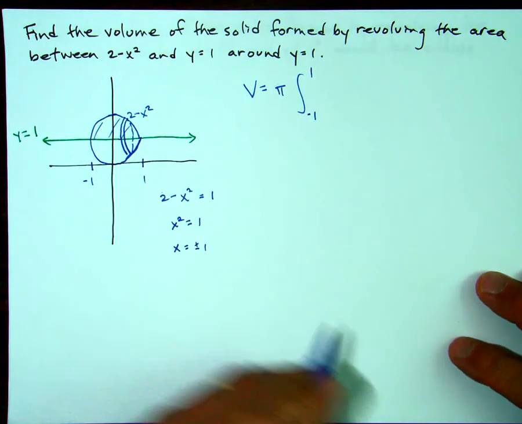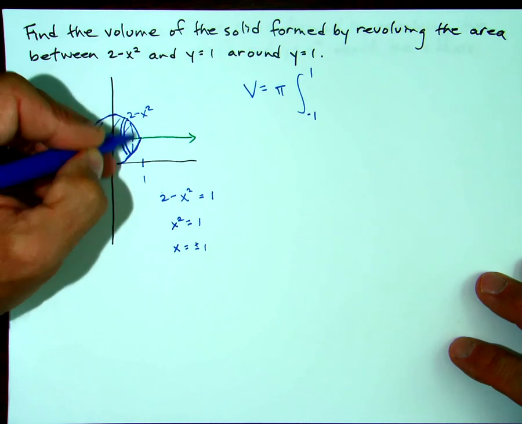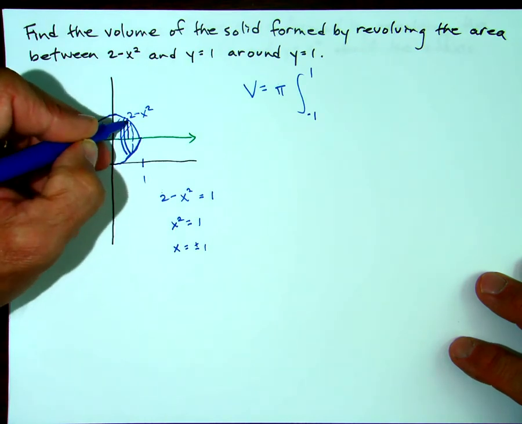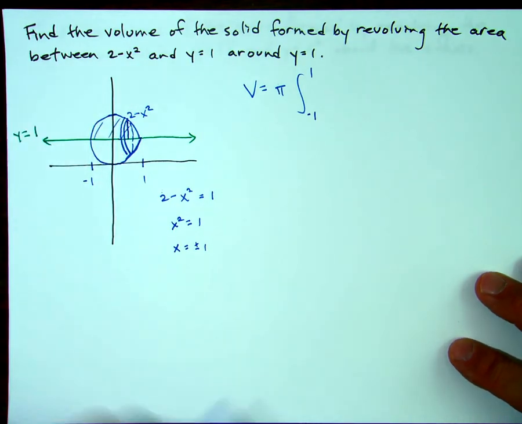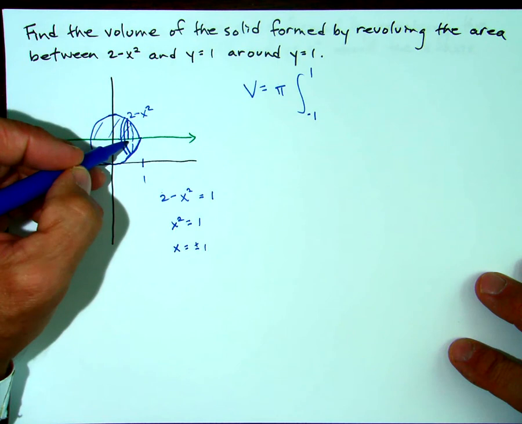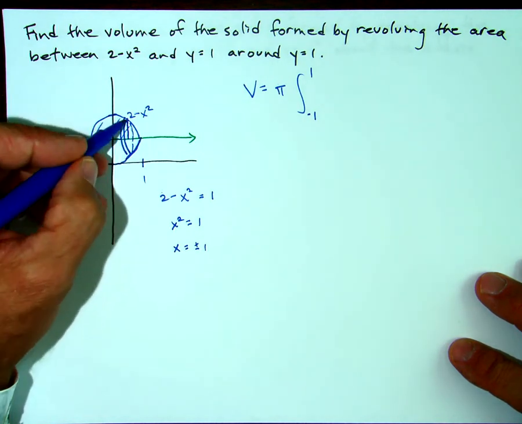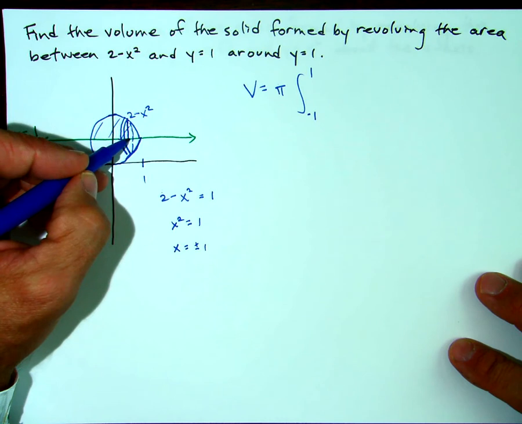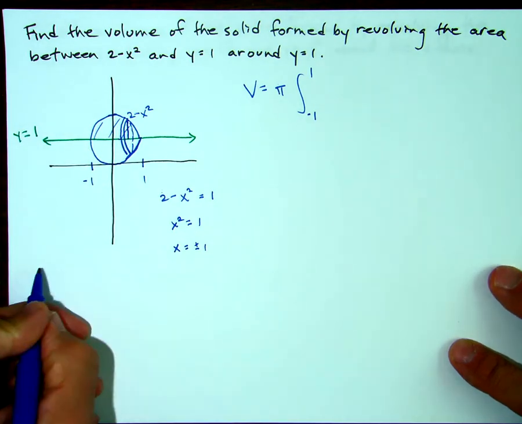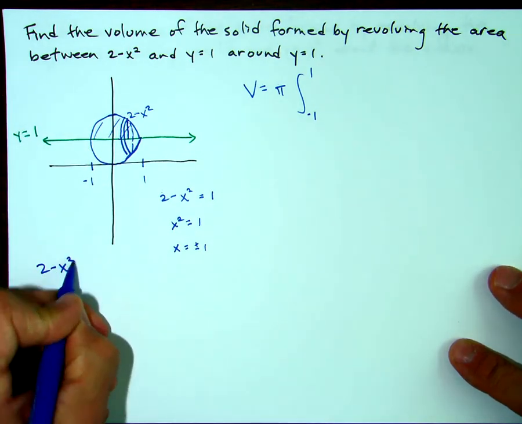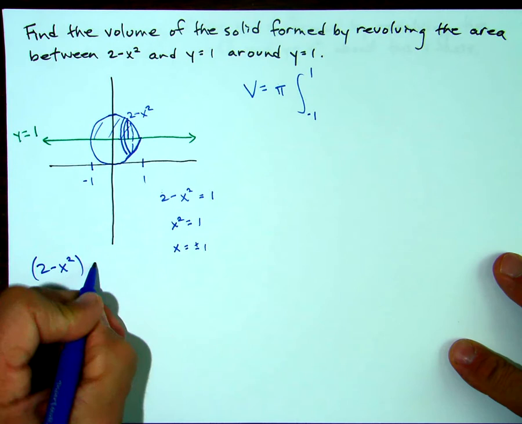And then we need to think about, and this is where I think it's helpful to draw this disk, what would be that radius right there? How could we find that distance from here to here? It's basically going to be the top curve minus the bottom curve, right? So 2 minus x squared minus 1.